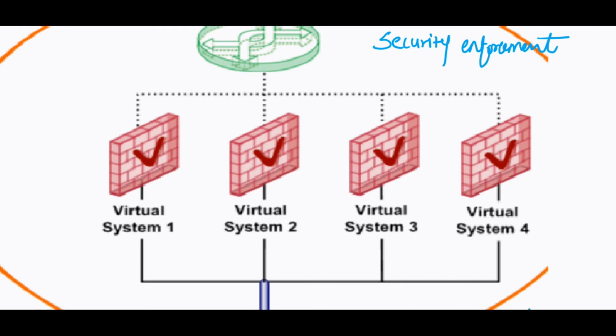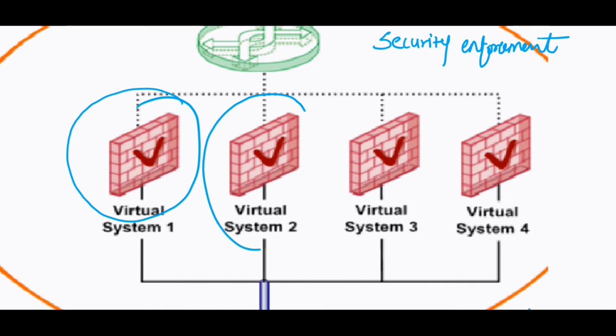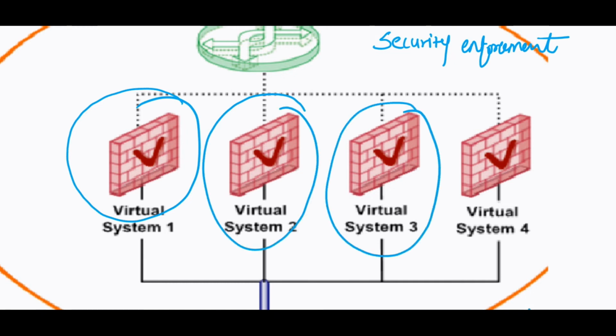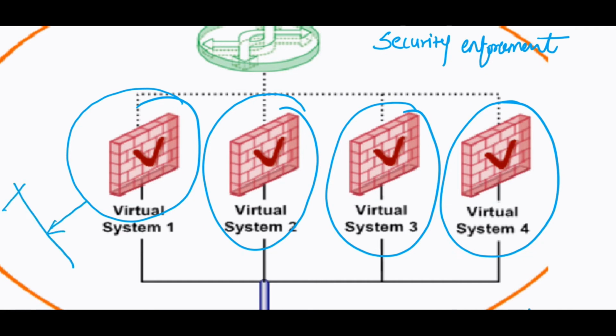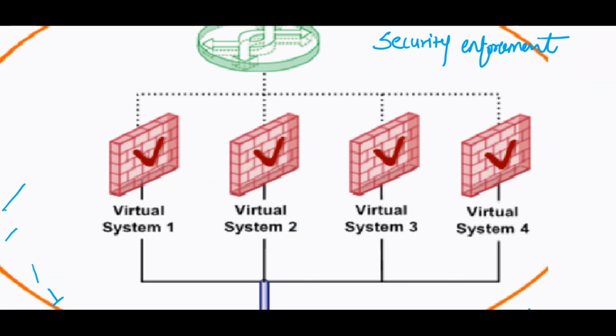Each of these virtual systems individually acts as one firewall, right? And this virtual system can manage whatever network we have behind it. Likewise, you can have multiple networks. So this is the feature we have with the virtual systems. The virtual system independently manages all the firewalling traffic.